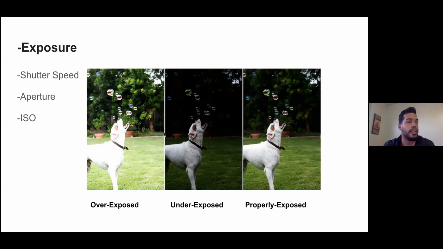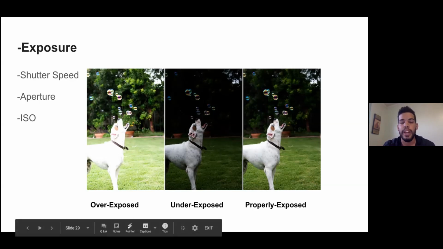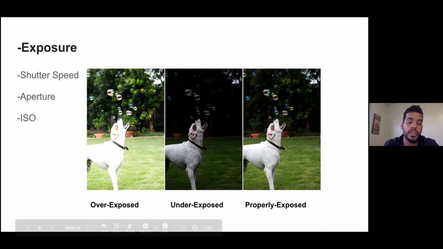So if you're going for a kind of dark picture, it's okay to go a little dark. If you want to go for a very bright picture, it's okay to have it bright, but you have to do it with intention. Just like focus, if you want to focus on something in the far back, it's okay, but you have to do it with intention.